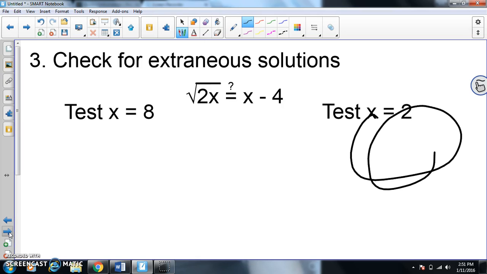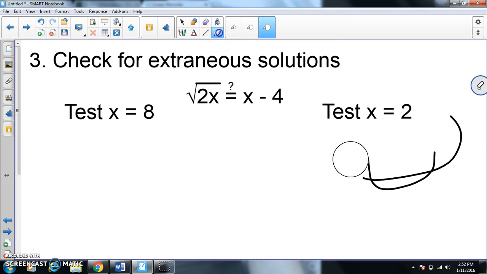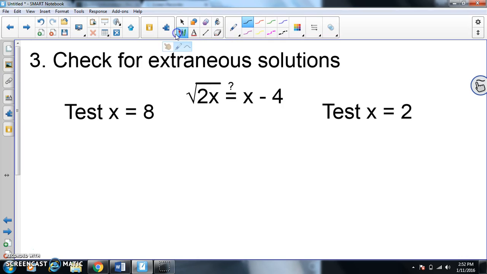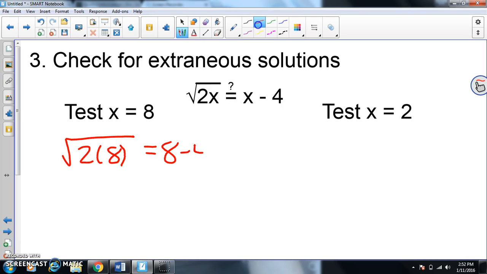Step 3, I need to check for extraneous solutions. So I'm taking my two solutions that I just found during step 2 and plugging them into this equation. Is the square root of 2 times 8 equal to 8 minus 4? 2 times 8 is 16. Is the square root of 16 equal to 4? Yes, it is. Now try 2.